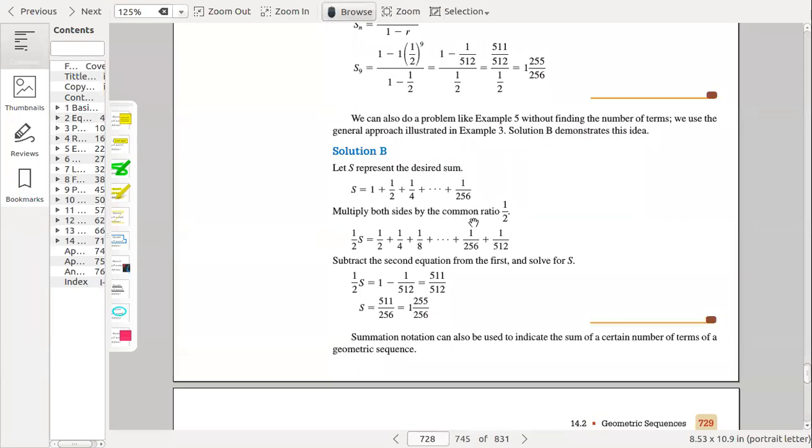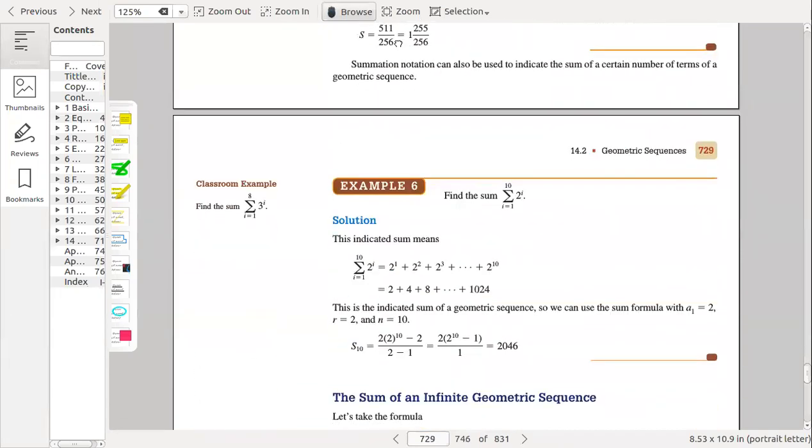Multiplying both sides by the common ratio 1 by 2, we get 1 by 2 S. Then we subtract, S minus 1 by 2 S, and we get 1 minus 1 by 512, and the same answer. So you can use this technique too.